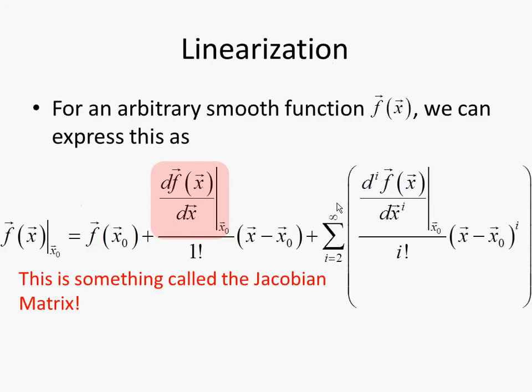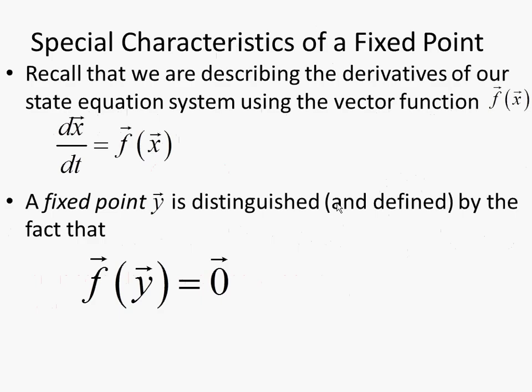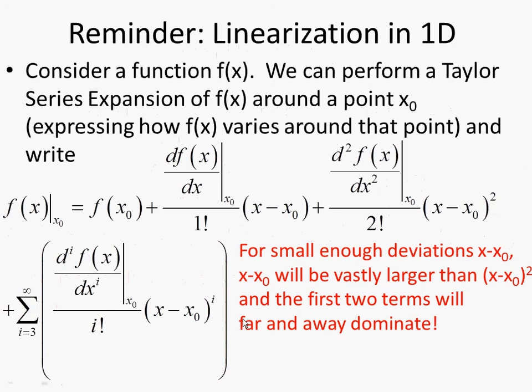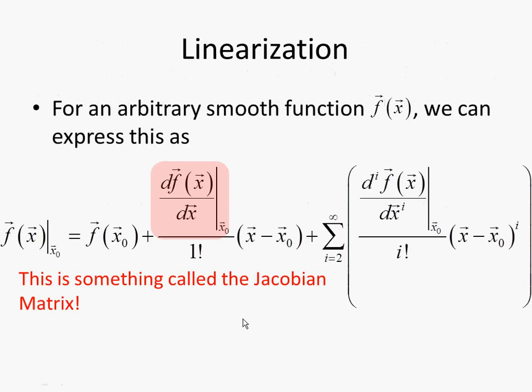But I want you to remember, at a fixed point, f at that fixed point is defined to be 0, right? At a fixed point, this term is 0. At a fixed point, there is no change in s dot. The s dot is 0. No change in I, so I dot is 0. R dot is 0, however many terms you have.